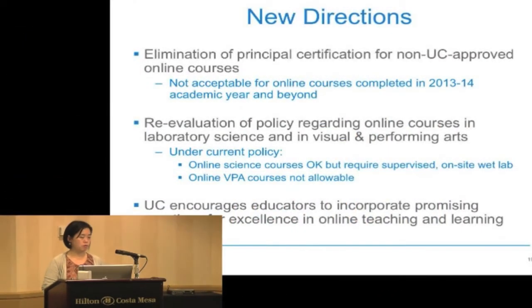They do, however, need to involve a supervised on-site wet lab component. And as it stands under the current policy, the online visual and performing arts courses are not allowable. But the faculty are going to be re-evaluating this component in this next year. And given the changing landscape of learning, this policy may well change too.